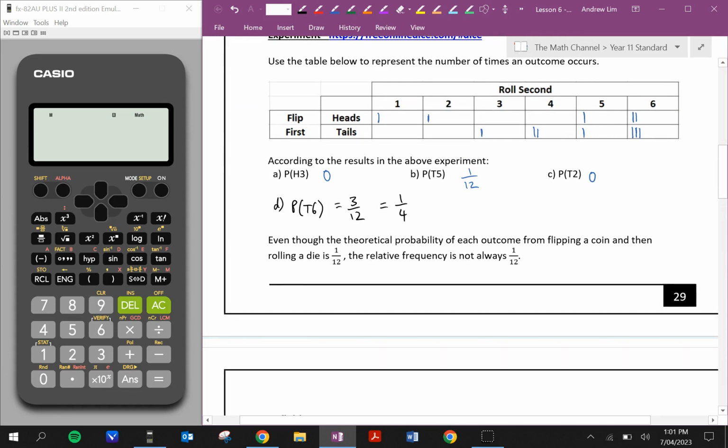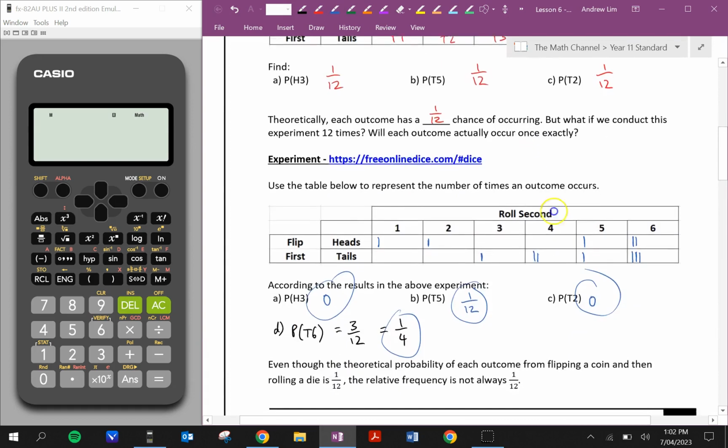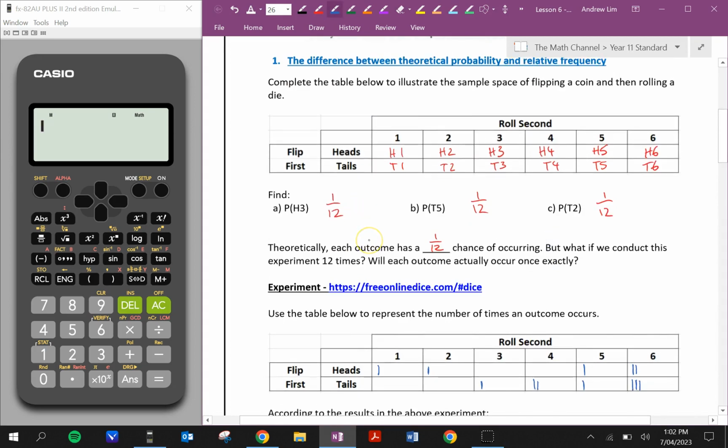The more trials there are in an experiment, the more the probabilities of every single outcome will be closer to what it should be in theory, 1/12 each. Okay, some of them are 0 at the moment, some of them are 1/12, some of them are 2/12, some of them are 3/12. But the more we conduct the experiment, the closer these probabilities for the relative frequency will be to what it should be, 1/12.